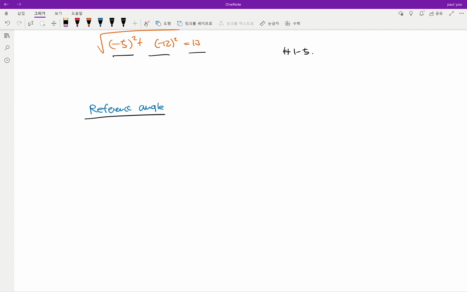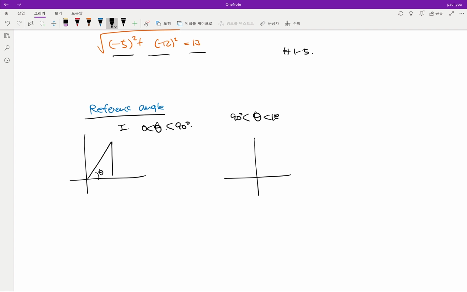If your triangle has the angle in between 0 and 90, your triangle will be formed in the first quadrant, and that will be the reference angle, whereas if your angle is in between 90 degrees and 180 degrees, then it goes somewhere there. And this is going to be the triangle that you're supposed to form.